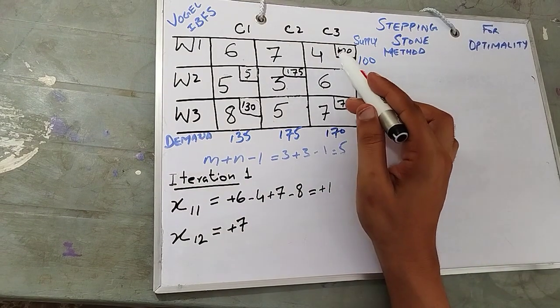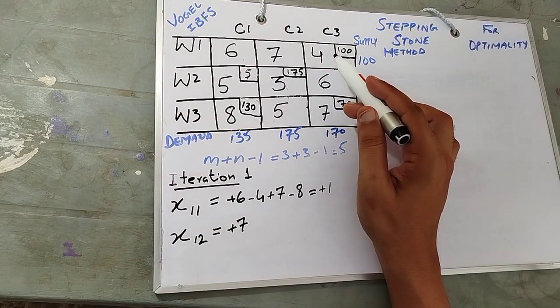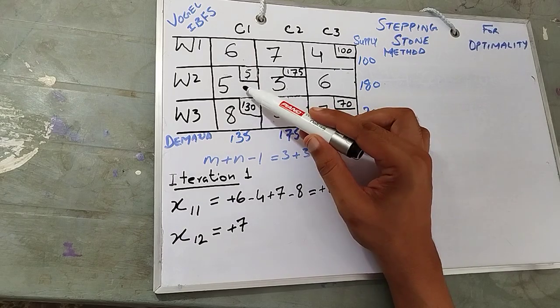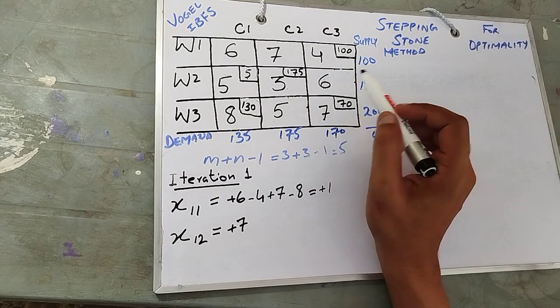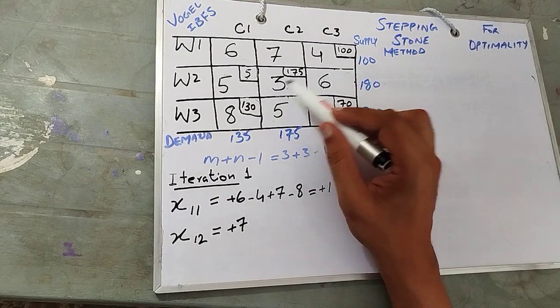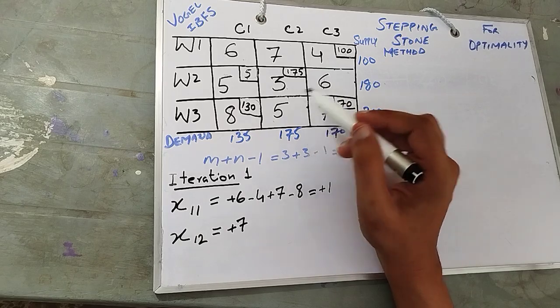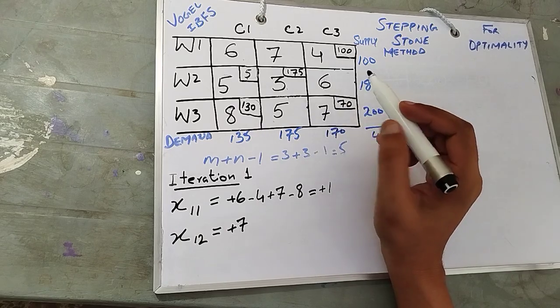okay, and go towards 4, and then 7, then 8, then 5, then 3, then 7. So almost all of the allocated cells have to be utilized.